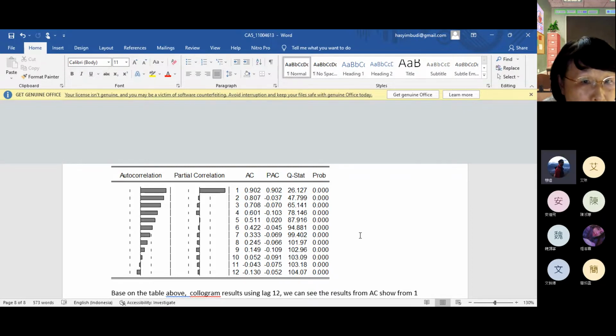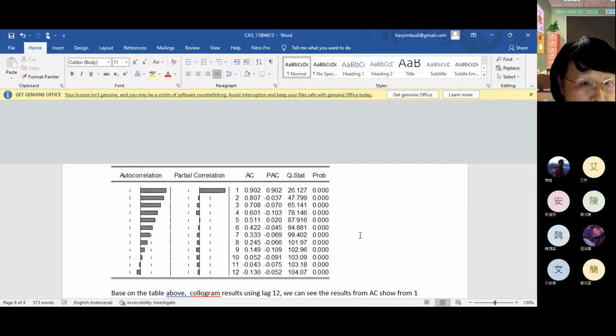If it is stationary, it means that from the first to the second lag, it would already drop to 0. According to yours, it does not drop from the first to the second.